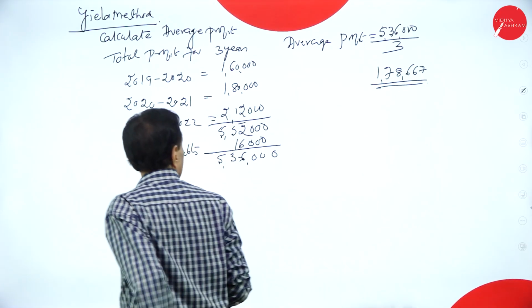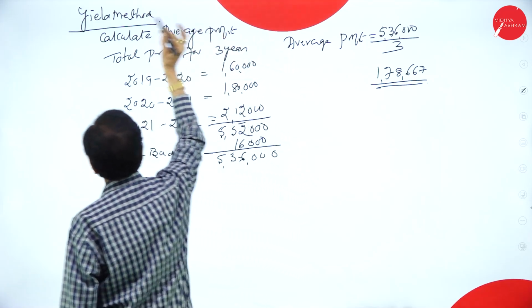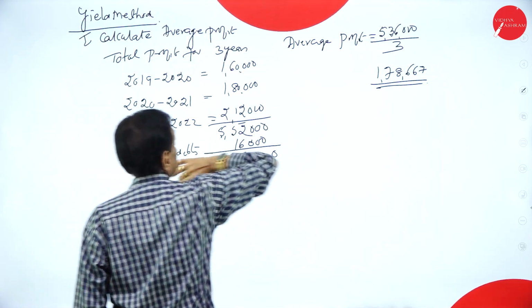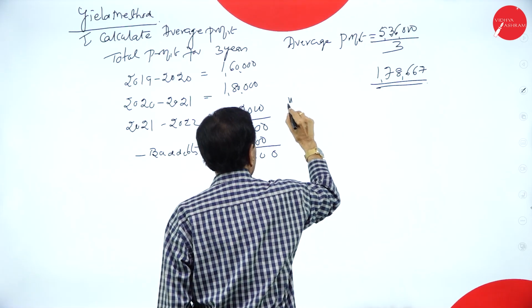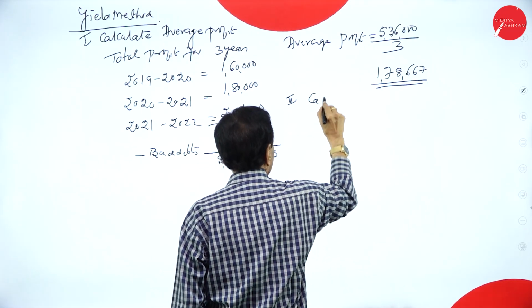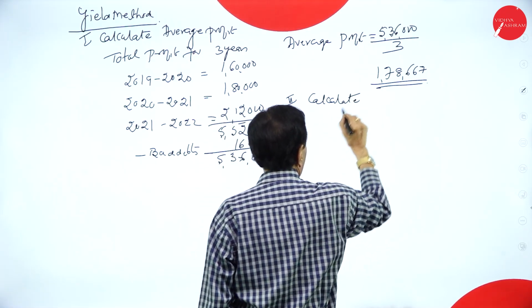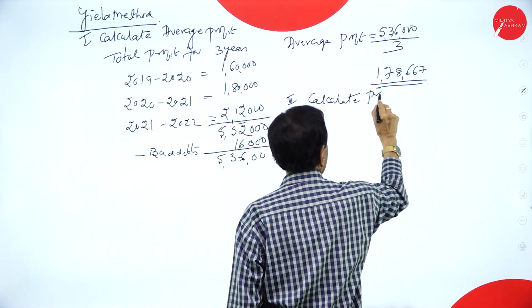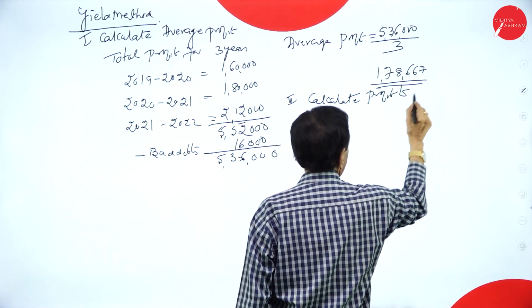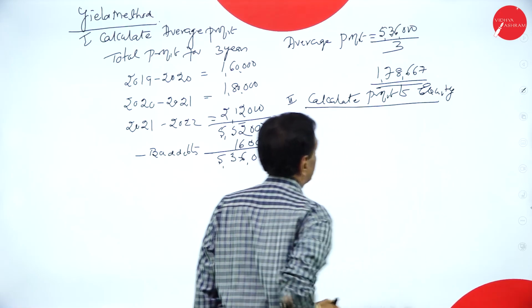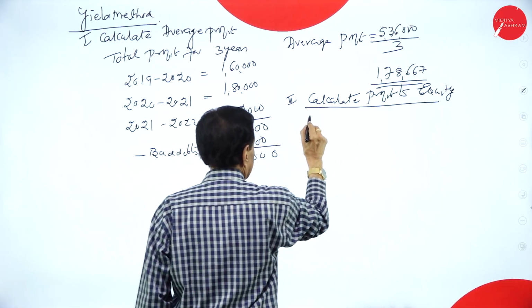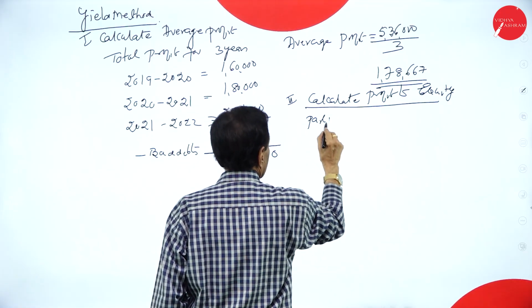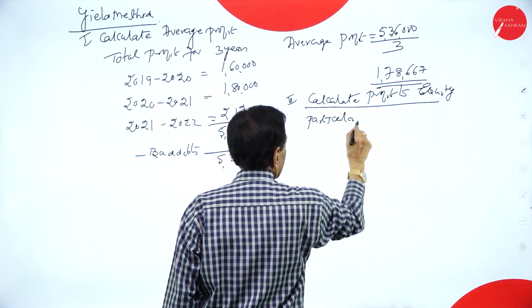Now, the first step, number 1. Number 2, calculate profit to equity. Particulars, rupees.